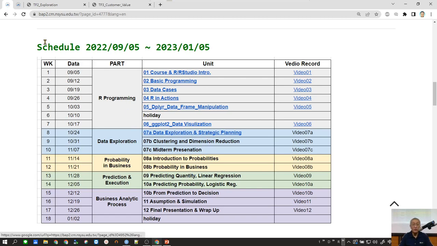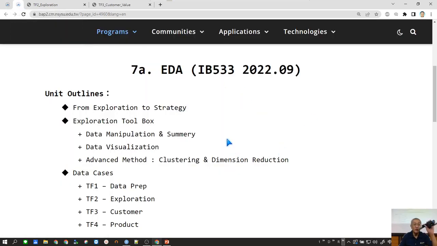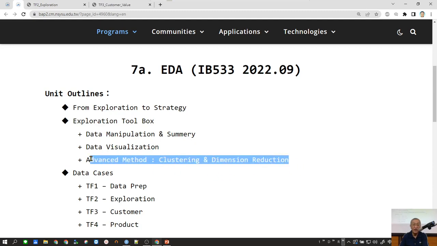So today let's go to the unit page. Today we are doing from exploration to strategy, okay? And actually we already have some exploratory toolbox, right? Data exploration toolbox. We have data manipulation, data visualization, right? And this advanced method, we have not taught this yet, okay?